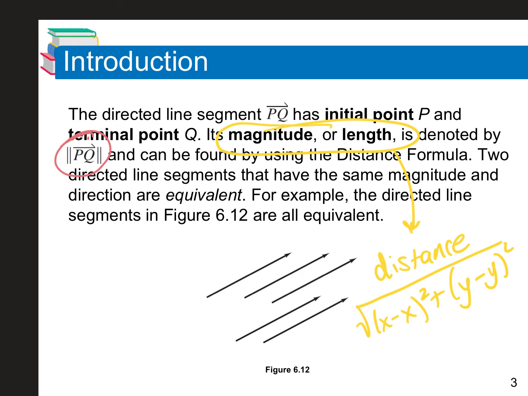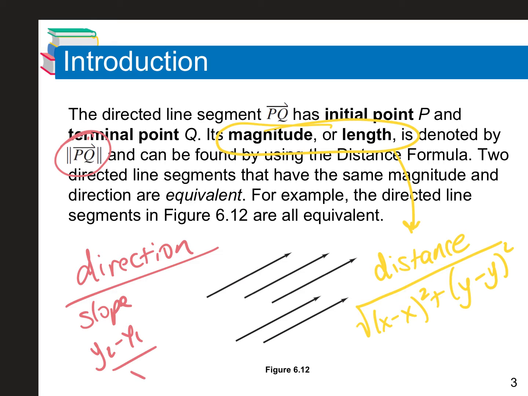If two vectors have the same magnitude, meaning the same length, and they have the exact same direction, when we talk about direction, that's just slope. You guys remember the slope formula? y2 minus y1 over x2 minus x1. Yeah?